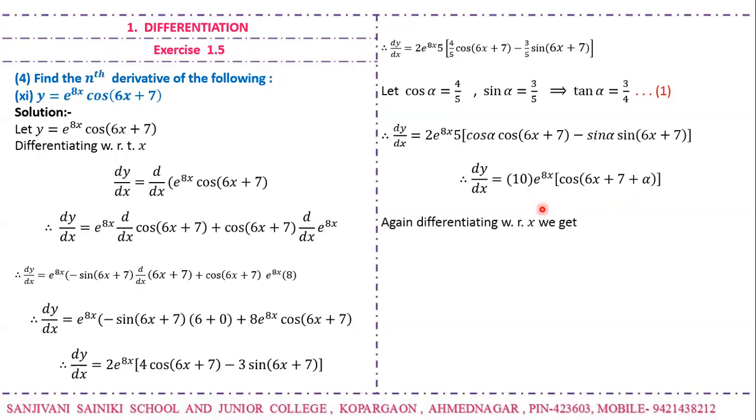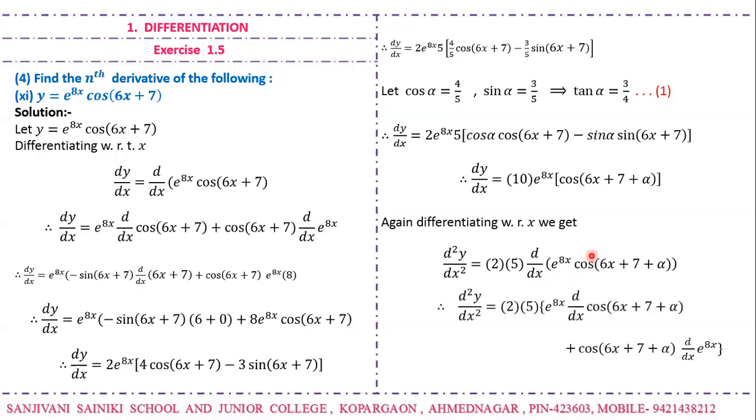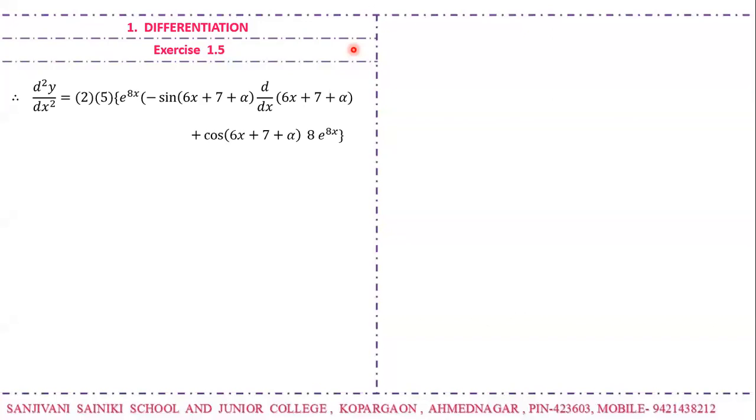Now again differentiating with respect to x to find the second order derivative. Again we have to use the product rule: first function as it is, derivative of the second, plus second function as it is, derivative of the first function. So d2y by dx square is 2 into 5 is 10 e raised to 8x into minus sin of 6x plus 7 plus alpha into d by dx of 6x plus 7 plus alpha. Here its derivative is 6.